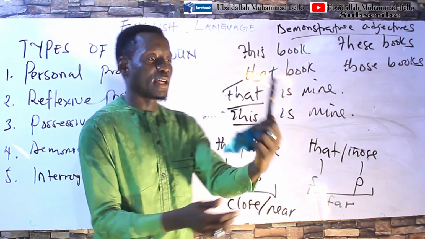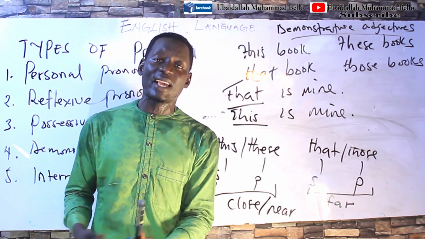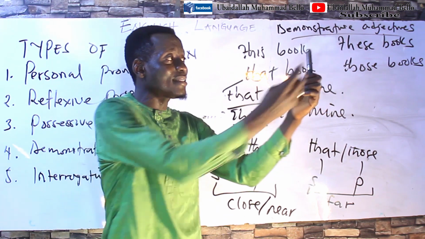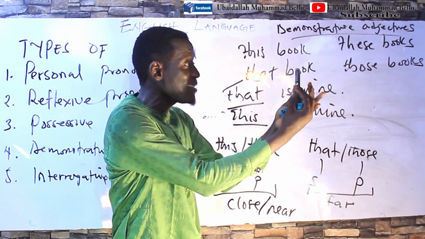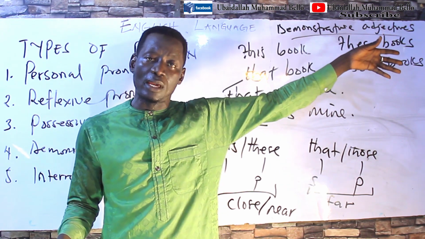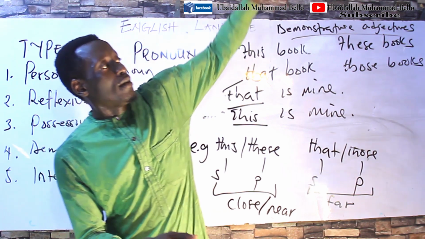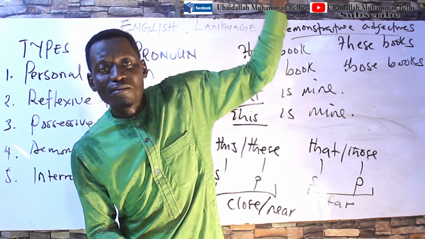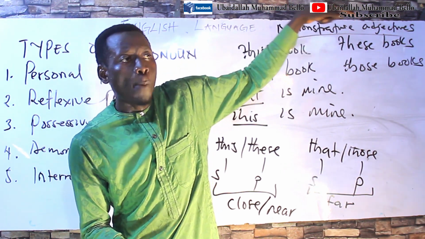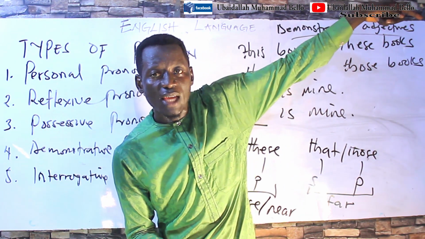What differentiates them with these is that this is singular, as we said, and these is the plural form of this to show nearness. If I have 2 markers or 3 markers, I'm going to say, these are mine. These are mine, close. But if they are being kept aside from me or far from me, then it's going to be those markers. So the opposite of these is those. Okay?